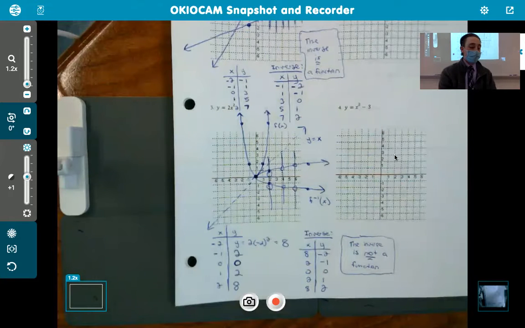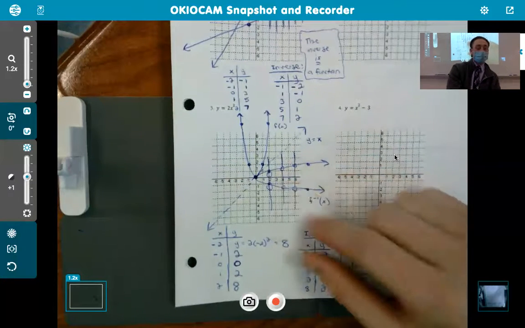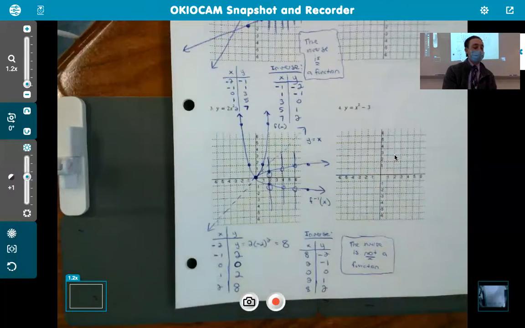Okay. And just for background, as you're writing that down, what we're testing to see essentially is, for every X value that we have, does that X value only have one Y value? That's what it means to be a function, right? It's 1 to 1. Here, notice at 4, I have multiple Y values. At 8, you can see it in our table. We have multiple Y values, right?